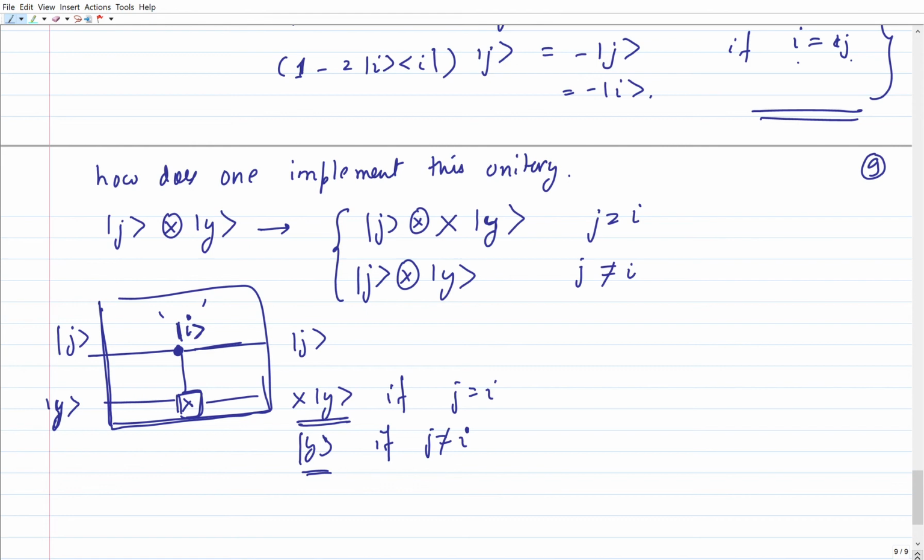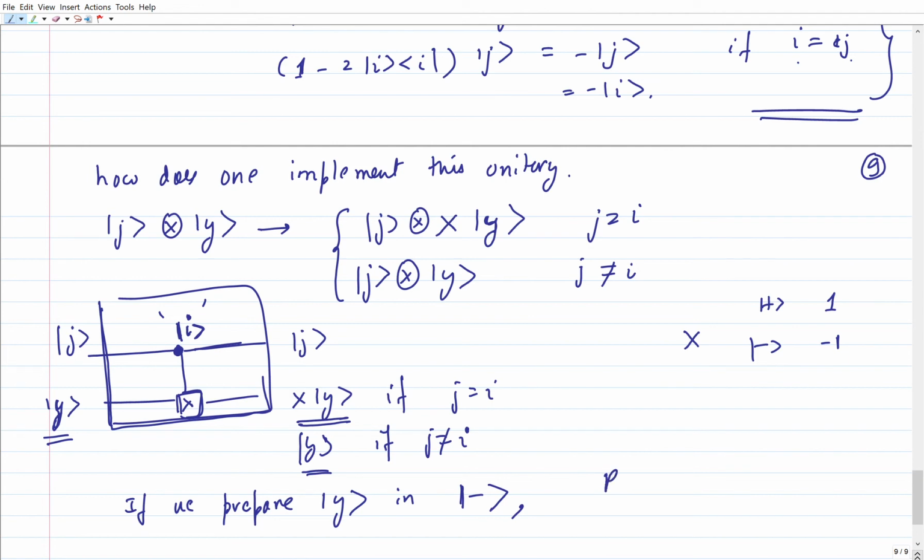And now if we prepare Y in the minus state, which is, mind you, the eigenvector of X. So the X operator has eigenvectors plus with eigenvalue 1 and minus with eigenvalue minus 1. If I prepare Y as the eigenvector minus ket, well then what happens?